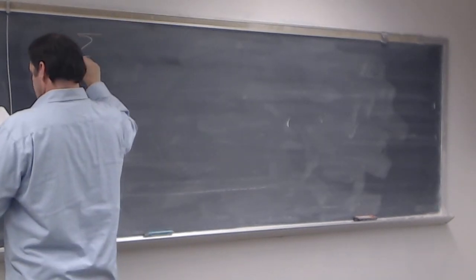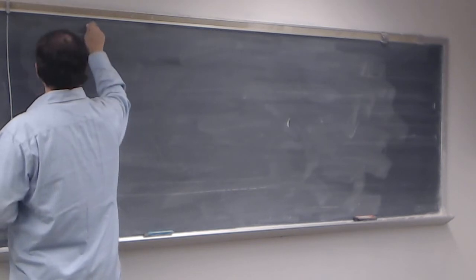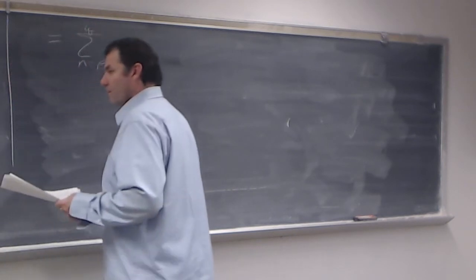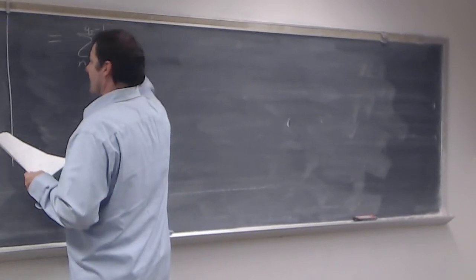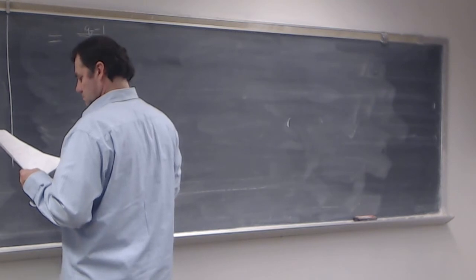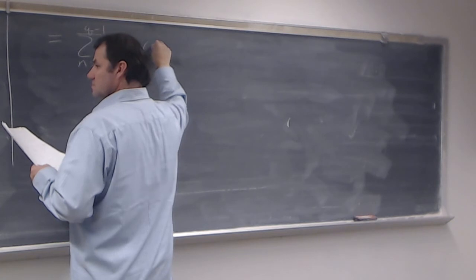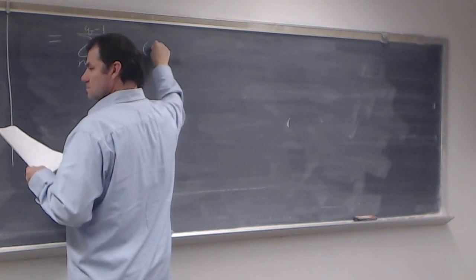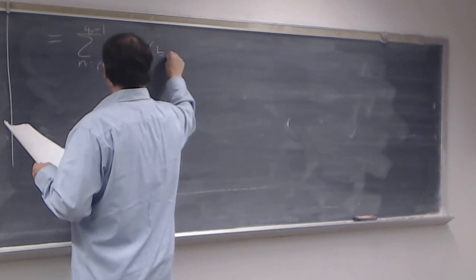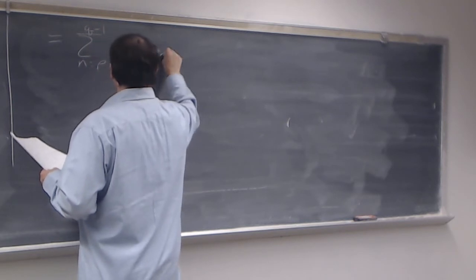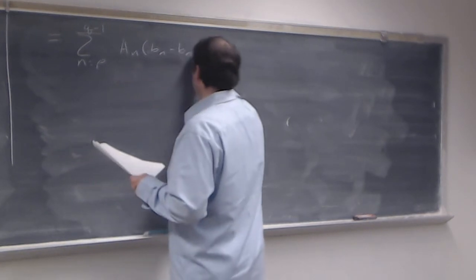It's the sum, at least partially, as n runs from P to Q minus 1, of A sub n times B sub n minus B sub n plus 1.